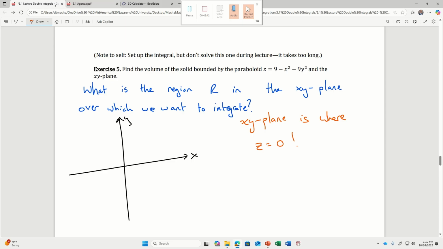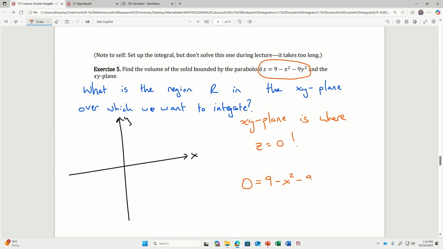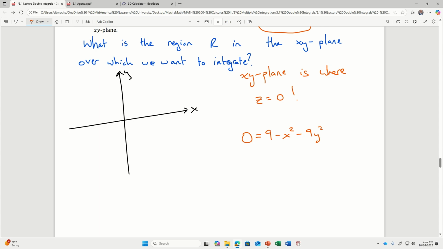So I'm going to take my equation, set z equal to 0, and I get 0 equals 9 minus x squared minus 9y squared. Or I could write x squared plus 9y squared is equal to 9.